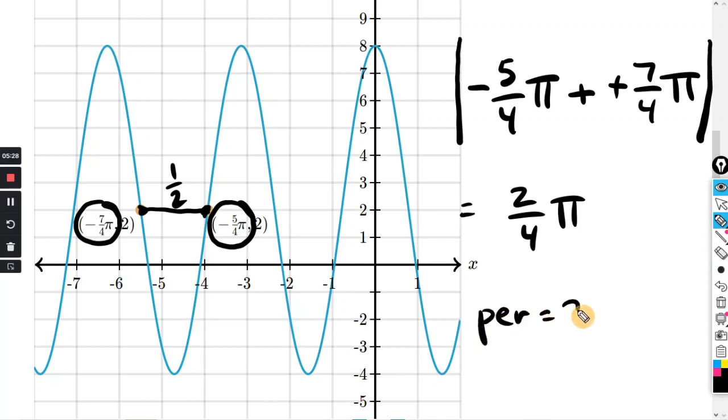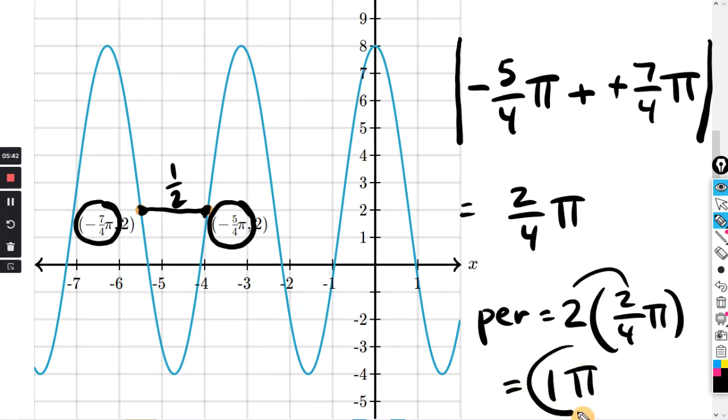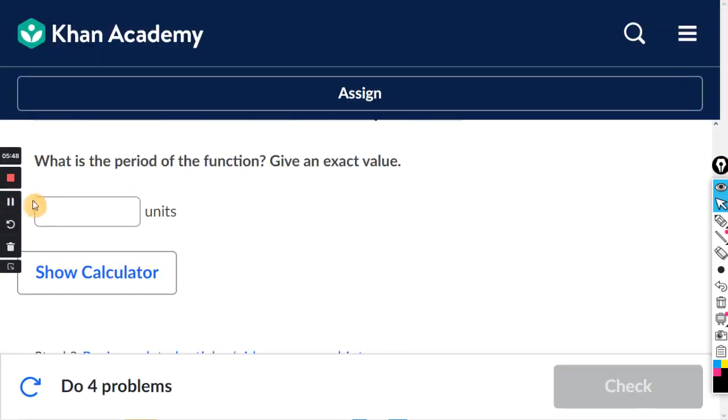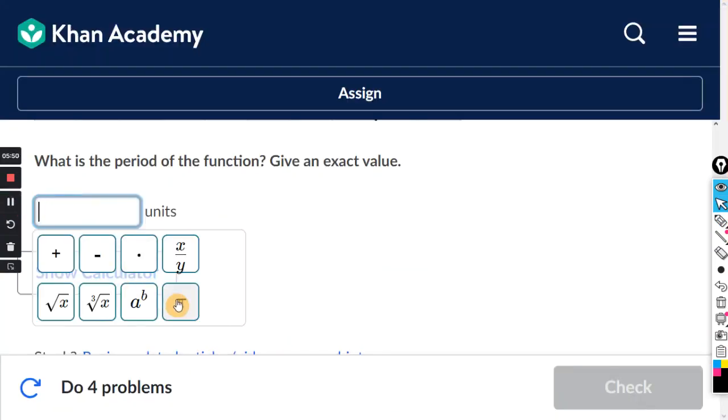So the period is just going to be 2 times 2/4 pi. Okay, 2 times 2 is 4, divided by 4 is just 1, and we still have the pi. So the period is 1 pi, or just pi. So in the box, you can click pi, or you can just type pi, and it'll give you the pi symbol.